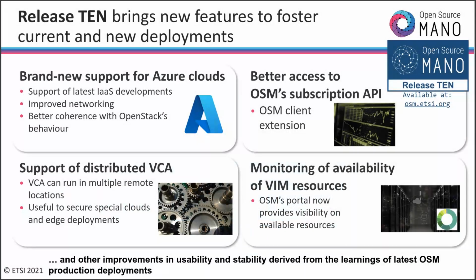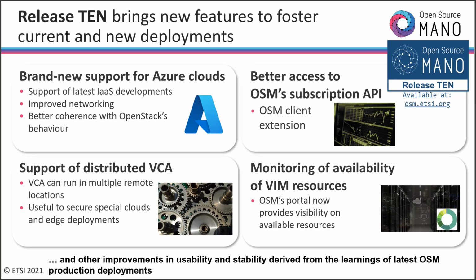So release 10 offers new features that we believe allow us to foster and consolidate the current number of OSM deployments. We are improving our support for public cloud with a new generation of the connector to Azure Cloud, supporting new functionality that is now available in Azure. Also, we have improved the way that we can communicate with the VNFs.